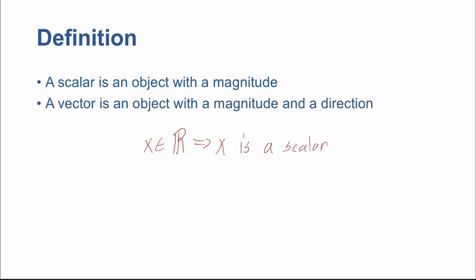Now, a vector is something with a magnitude and a direction. So a vector can be thought of as an arrow because it has a magnitude denoted by the length of this arrow, and a direction noted by its angle from the horizontal or the ratio of its x components and its y components. We can determine what its direction is. Now, a vector needs more than just one number to describe it. So a vector requires however many dimensions are in your space to describe it.